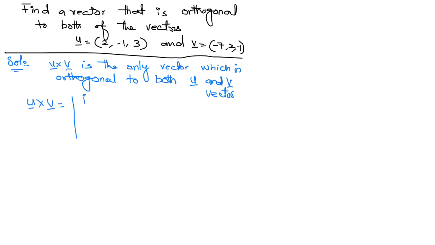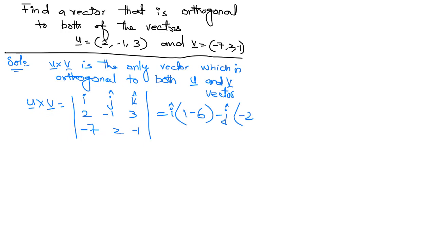U cross V is equal to the determinant with I, J, K, then U vector 2, -1, 3 and V vector -7, 2, -1. Simplify it. I component: (-1)(-1) minus (3)(2) is 1 minus 6, that is -5. Minus J: 2 times -1 is -2, minus 3 times -7 is plus 21, that is 19, so -19J.